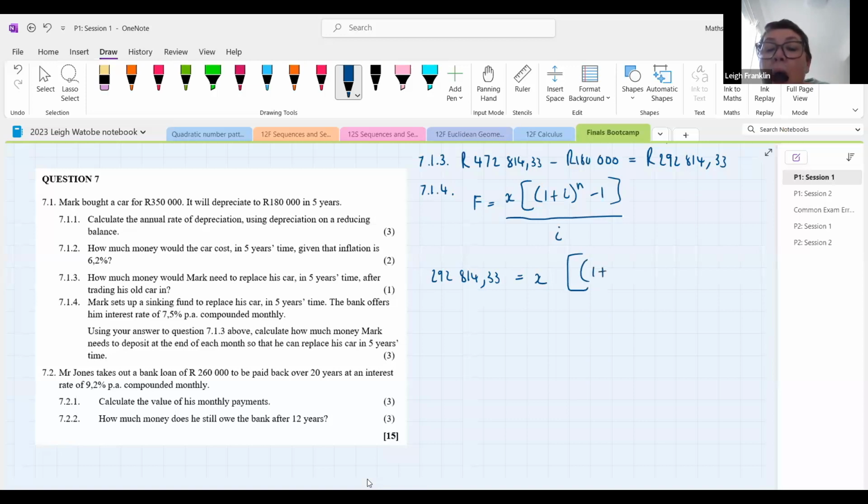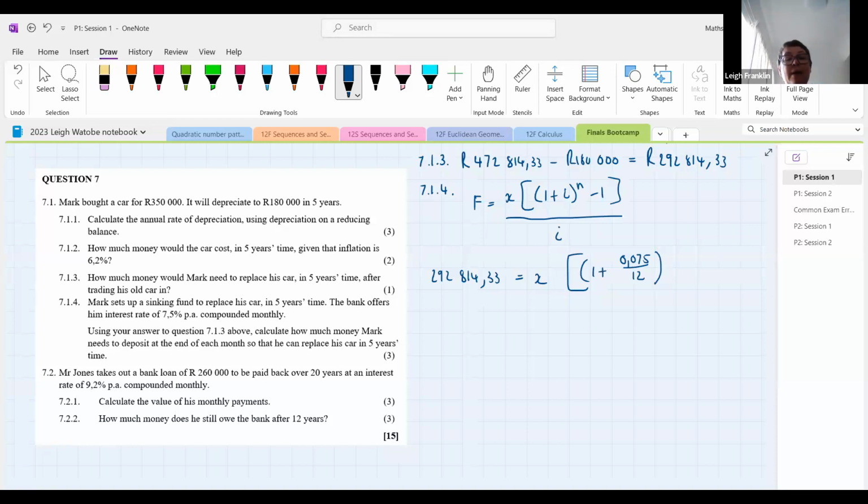All right, so our interest rate, they've told us it's 7.5% per annum compounded monthly. So that's 0.075 over 12. And now he is going to replace the car in 5 years' time. So now we need to know the number of payments that Mark is going to make in those 5 years.